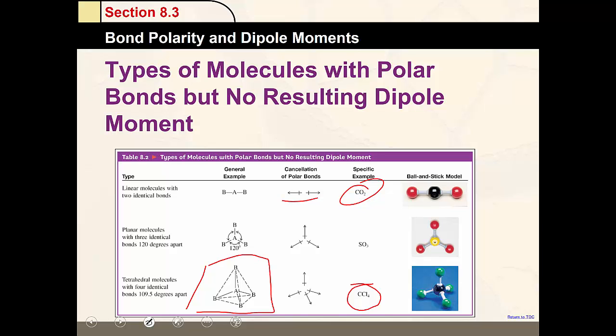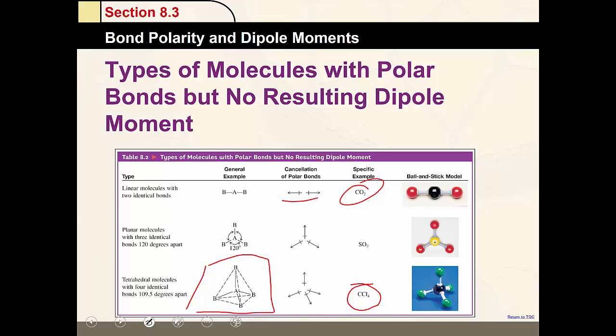So all those dipole moments cancel. And then one that we will talk about soon, a planar molecule, where those three exterior atoms are in the same plane, those dipole moments would cancel as well.